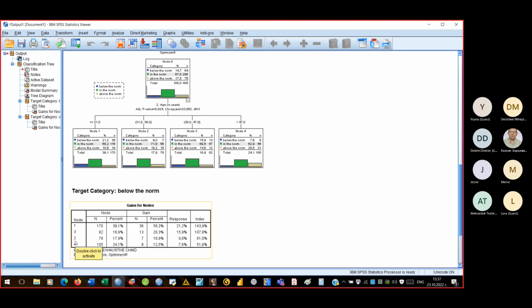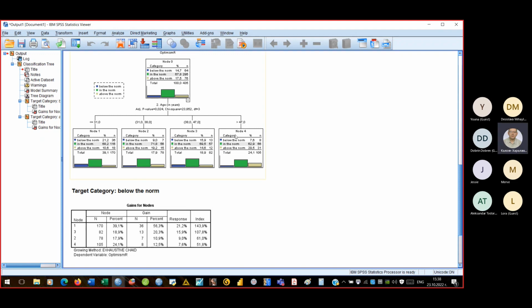Node number 4 here, and percent of persons below the norm is 7.6, and in node number 4 are persons above 47 years of age, are persons older than 47 years of age.